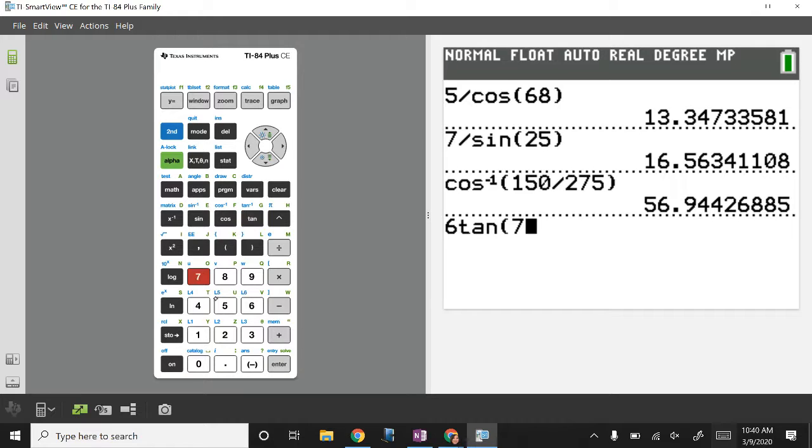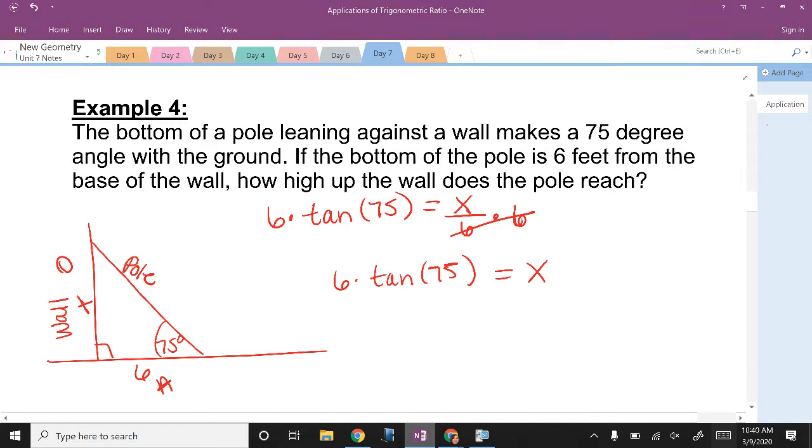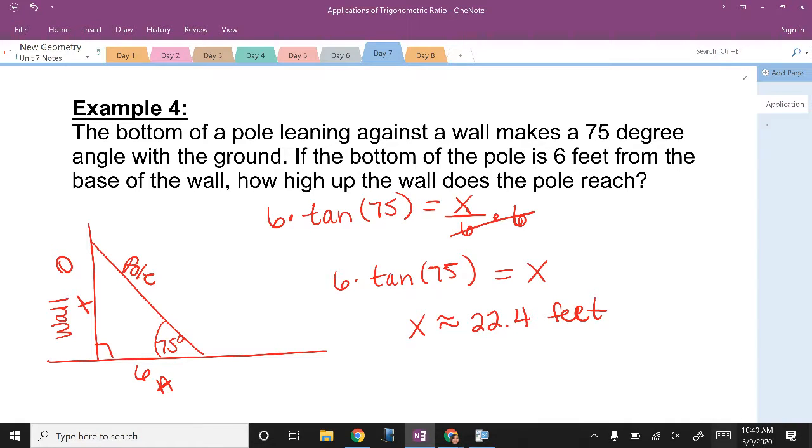If you know the angle measure, you use regular tangent. Did y'all get about 22.4? 22.4 what? 22.4 feet. Now that is how high up the wall the pole is leaning. It's a pretty long pole because it's going to be longer than 22.4, isn't it?